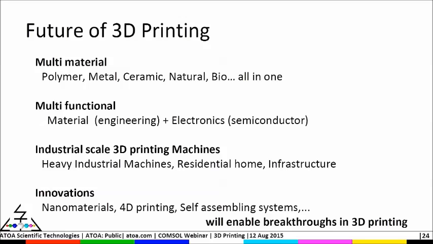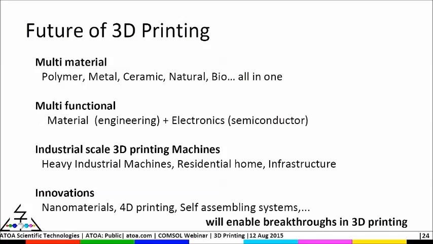But these will be fused or integrated together to make truly multifunctional products. For example, your smartphone. The integration of semiconductor manufacturing methods, or electronics, with material fabrication will enable us to print products like your smartphone or electronic devices together.